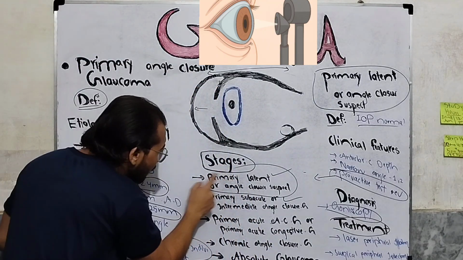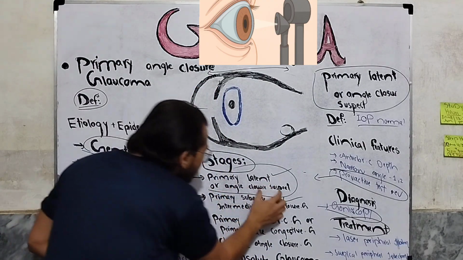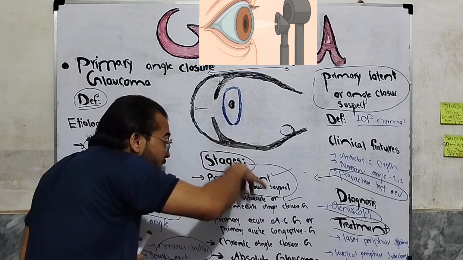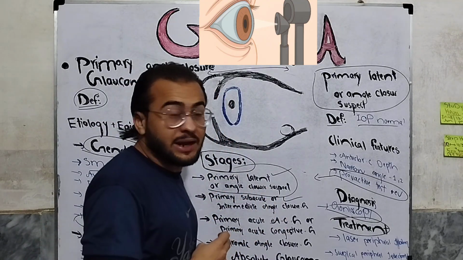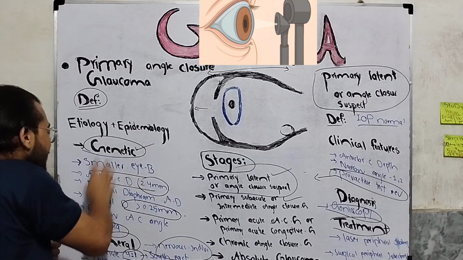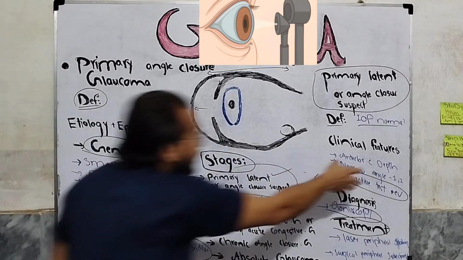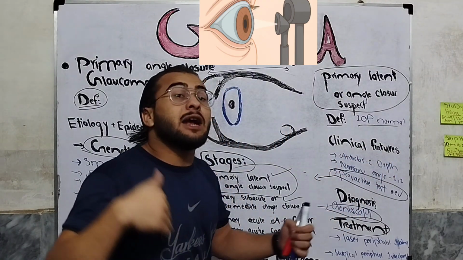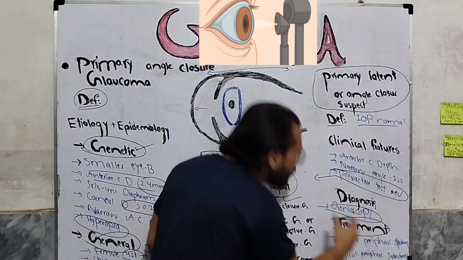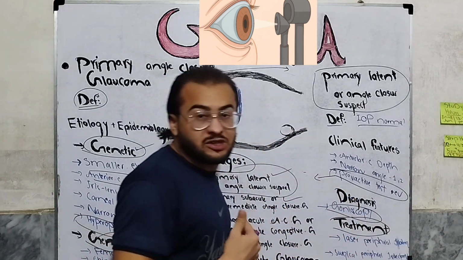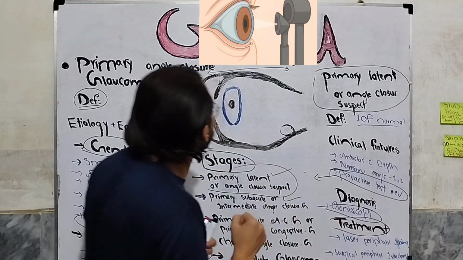Remember, I told you that this primary latent or angle closure suspect stage can enter into the progressive stages and the case will be complicated, as these are the predisposing anomalies which can develop into full-grown glaucoma. So we have to do prophylactic treatment.